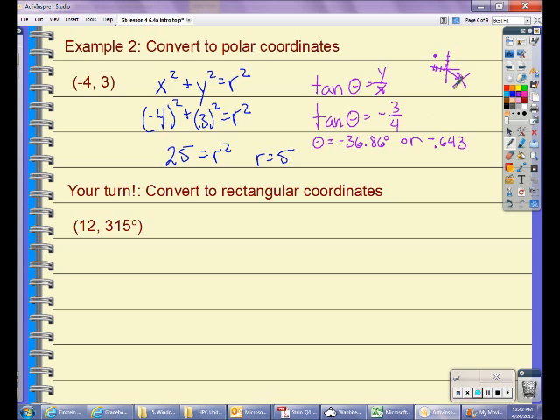Oh yeah, tangent is negative in both of those, and inverse tangent only gets me these two quadrants, from 90 degrees to negative 90 degrees. So we have to then put it in the correct quadrant. So we have 180 minus 36.86, which should give us, from my own notes, 143-ish.